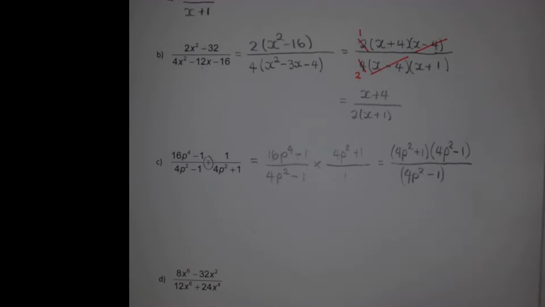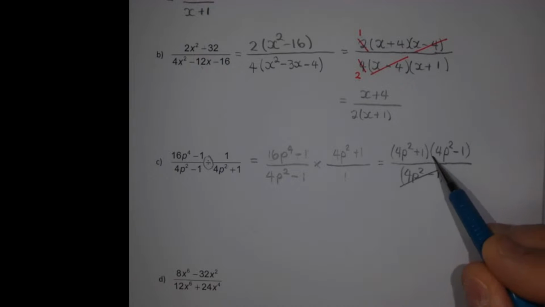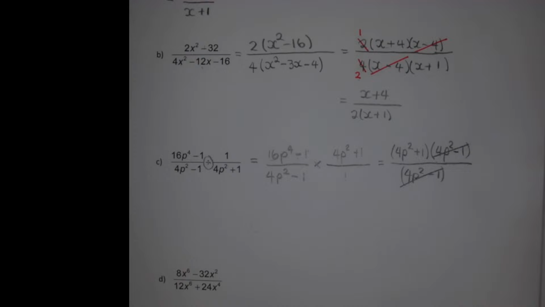I could put a bracket around it and consider it as a full term, and I wouldn't need to factorize it further if I know I could simplify it together with that. If you did not realize that, you could factorize it as a difference of two squares, and eventually you're going to get to simplifying both of them. So I'm just going to go ahead and do the simplification now.